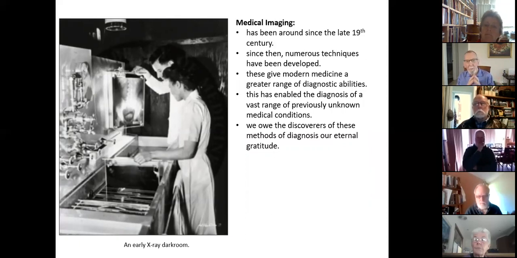These new methods of diagnosis that have been developed enable a huge range of conditions which were previously unknown to actually become known and become diagnosed and therefore able to be treated. And so the discoverers of these particular methods of diagnosis are owed a huge debt of gratitude for their pioneering work, which has been very, very extensive.